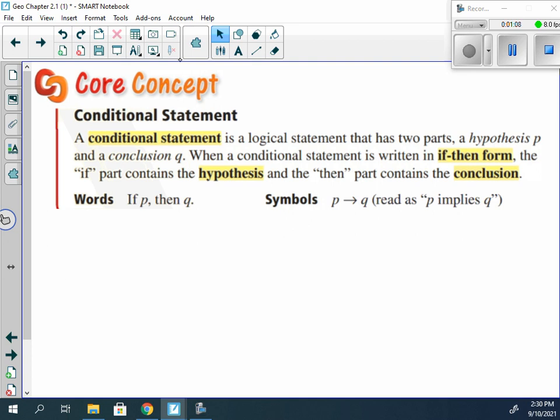And we can write it as if P, then Q, if the hypothesis, then the conclusion, or we can say P implies Q.